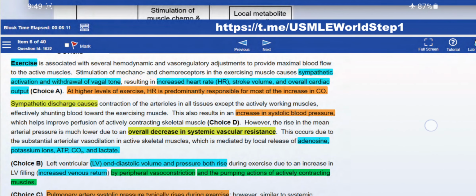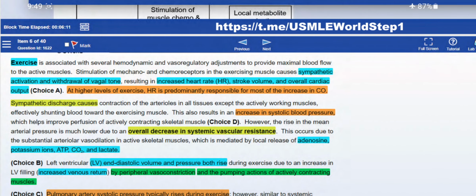Let us have a quick flow through these. Exercise: sympathetic activation and withdrawal of vagal tone increase heart rate, stroke volume, and overall cardiac output. At higher level of exercise, sympathetic discharge causes increase in the systolic BP.